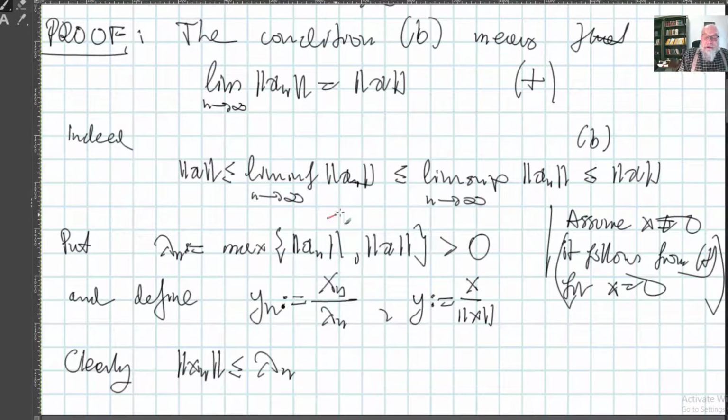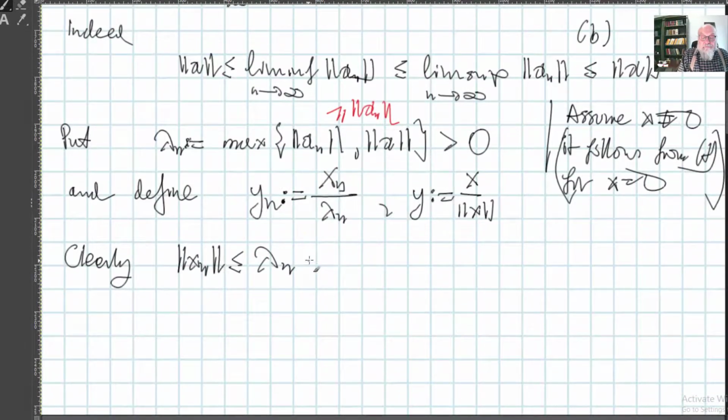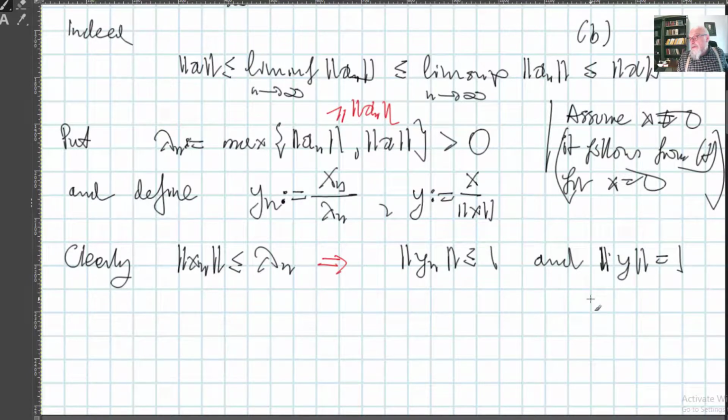So this implies that yn has norm smaller than or equal to 1, and we also have that y has norm 1. So one thing is clear. Now the next remark: notice that if I take this yn, I'm getting that yn converges weakly to y.